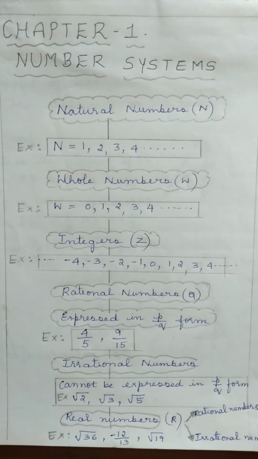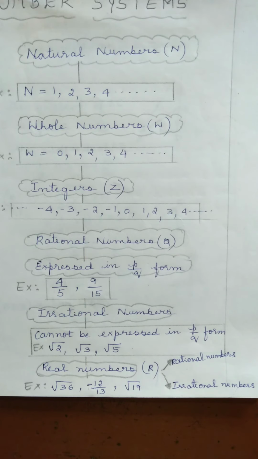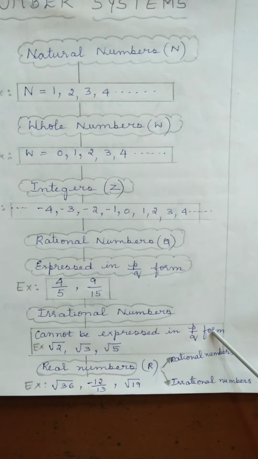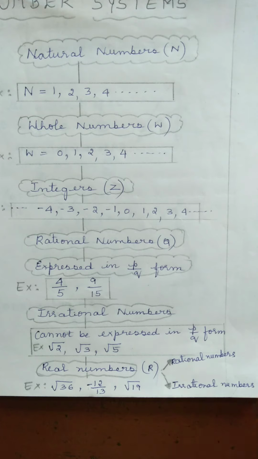The next is the irrational numbers. A number s is called an irrational number if it cannot be expressed in p by q form, where p and q are integers and q is not equal to 0.